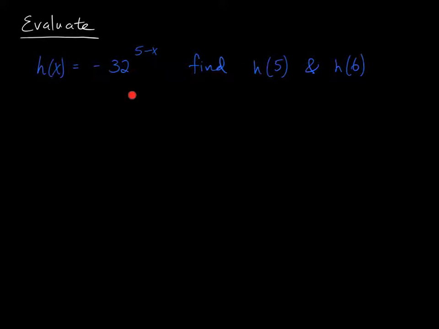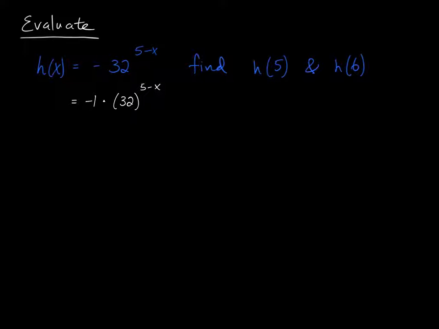So any answers we get here will end up being negative because this negative stays. It's not part of the base, it stays out front. So if you wanted to rewrite this, it could look something like -1 times 32 to the 5 minus x power.